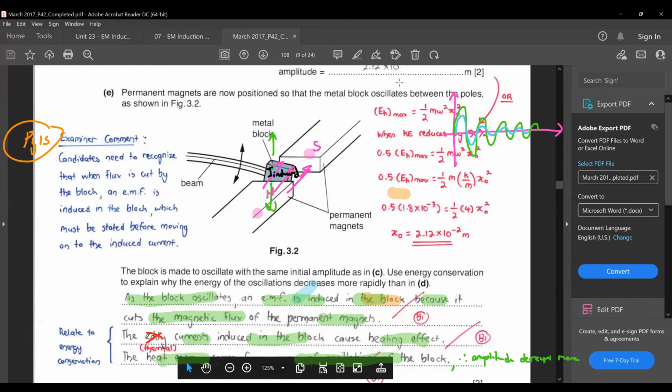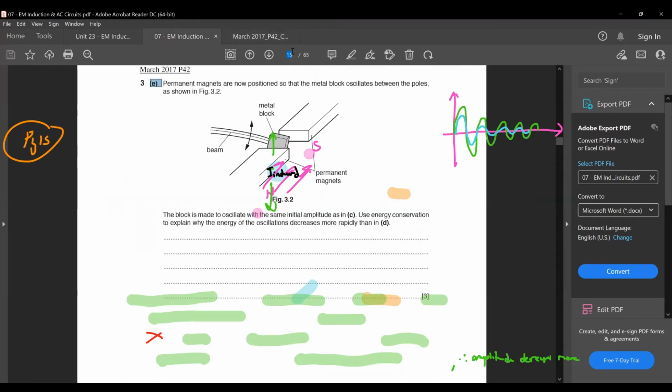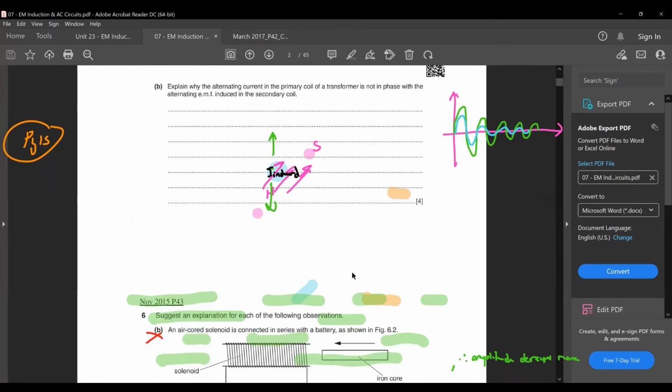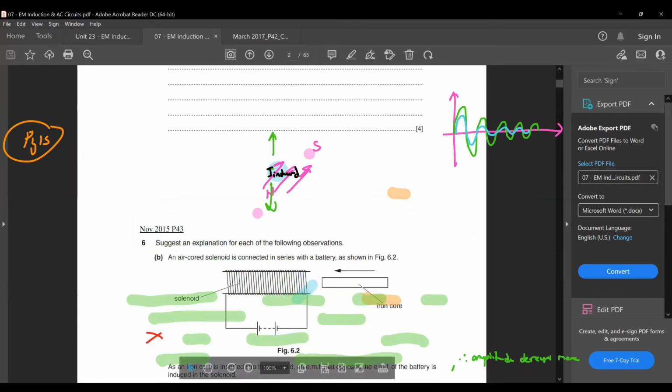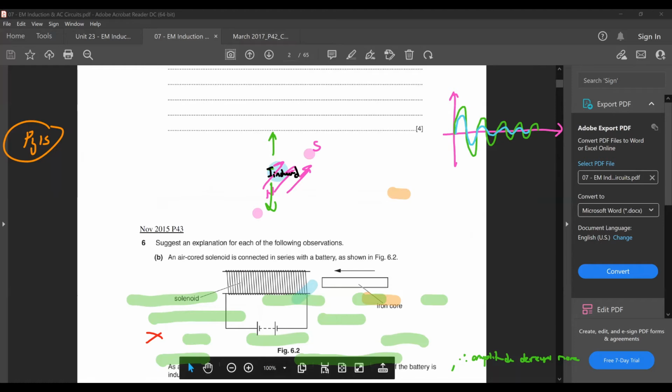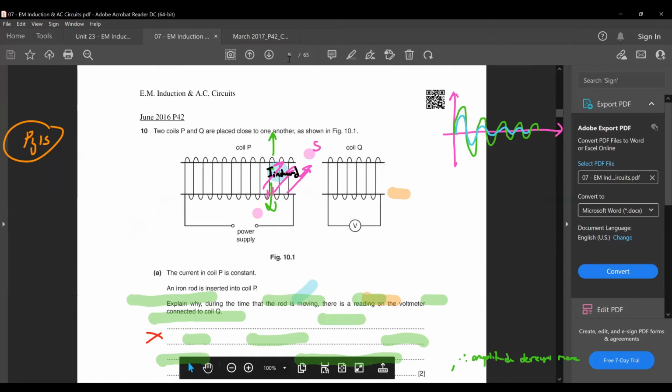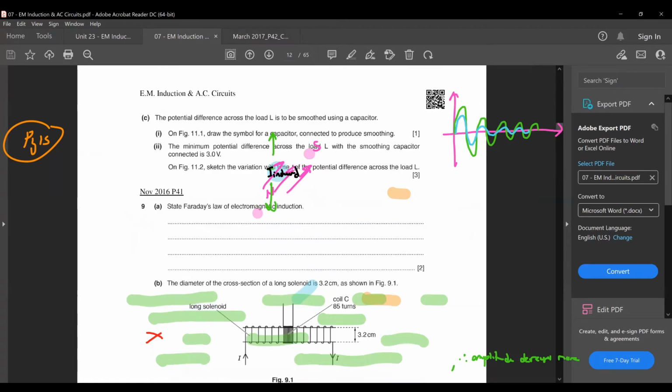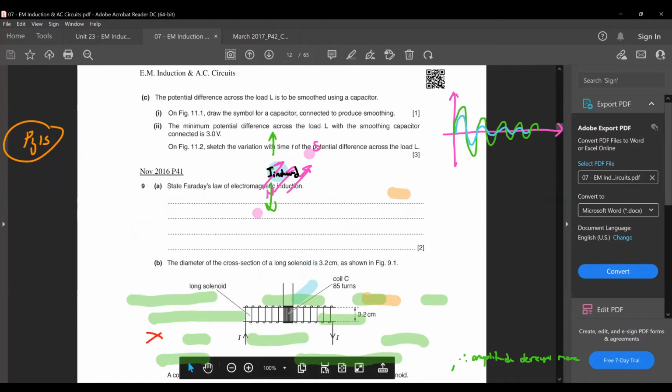So next one, this one was page 15. Can I go to page 2? Okay, page 2, this one not yet. Wait, let me have a look at it. Did I do 9? 9 I did. 12, I think I did also.